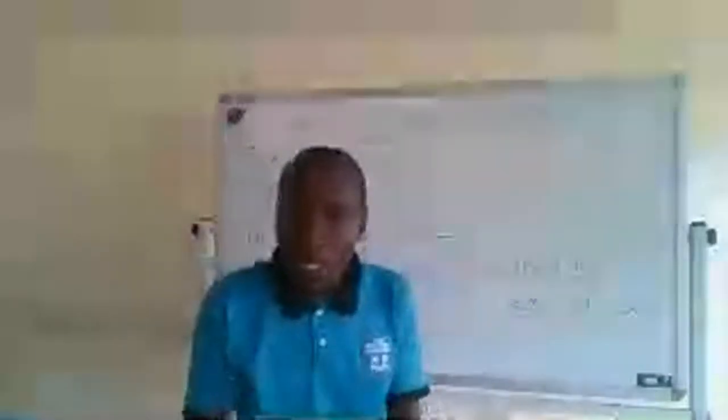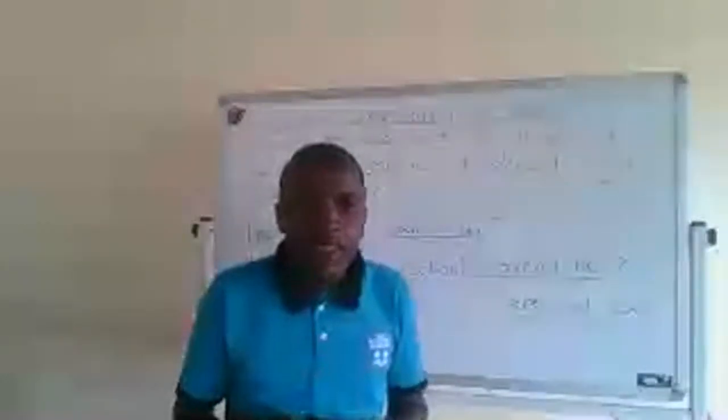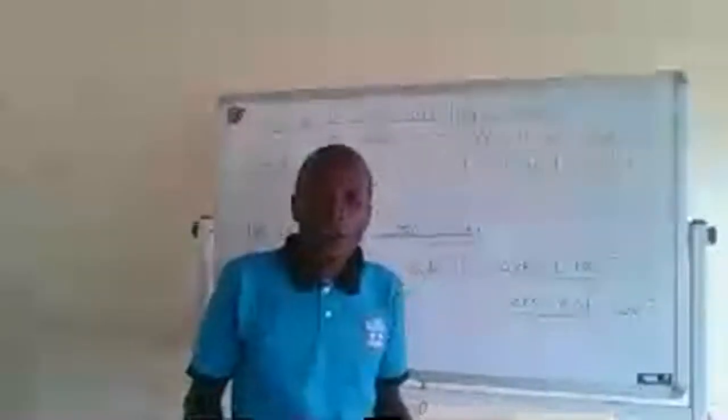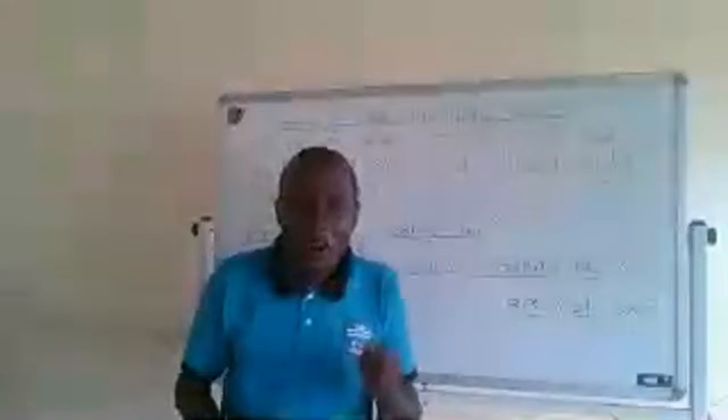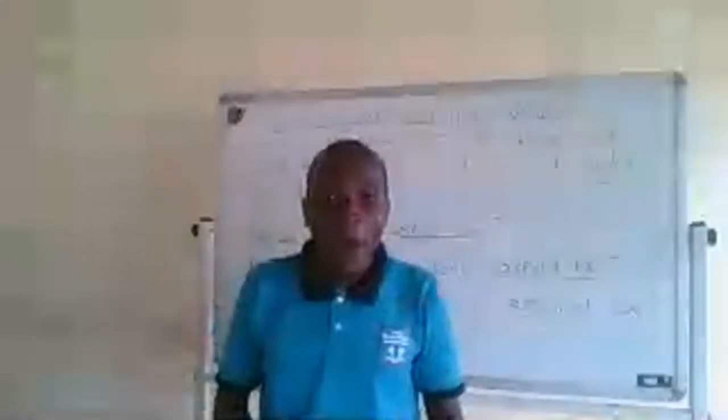It means that we want to see: is that person listening to me, with me? Is he agreeing with me, or is he not agreeing with me? We are going to school, aren't we?